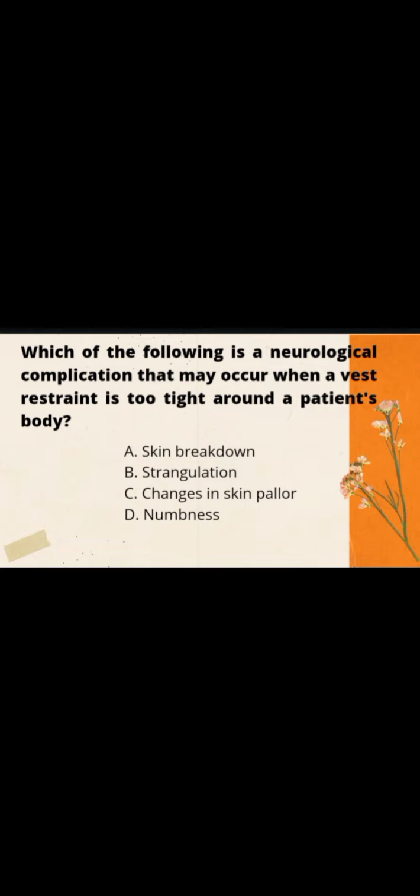A, B, and C are incorrect because skin breakdown, strangulation, and changes in skin pallor can occur when the restraint is too tight. These complications are usually related to the integumentary, respiratory, and circulatory systems rather than neurological system complications.